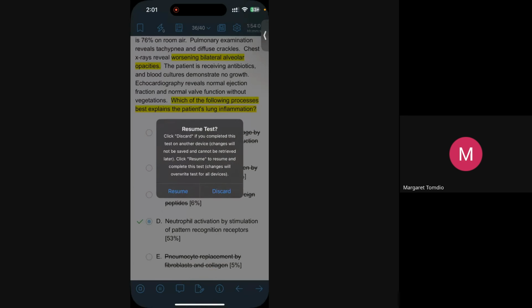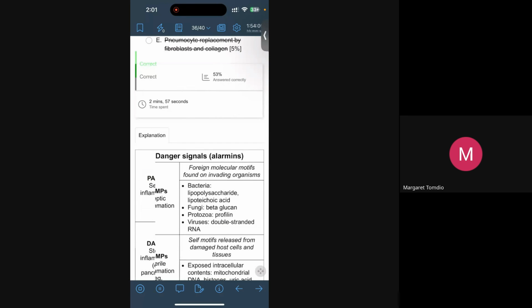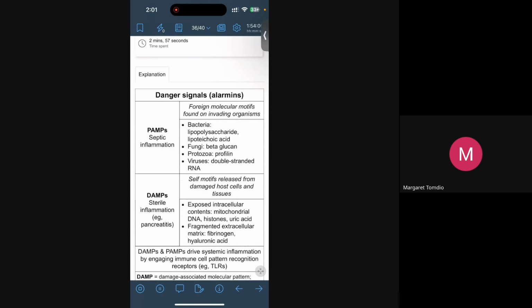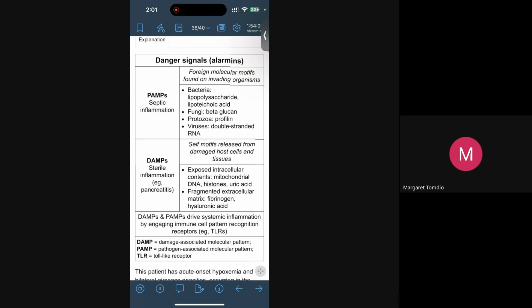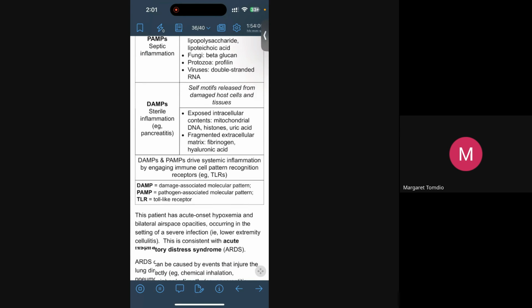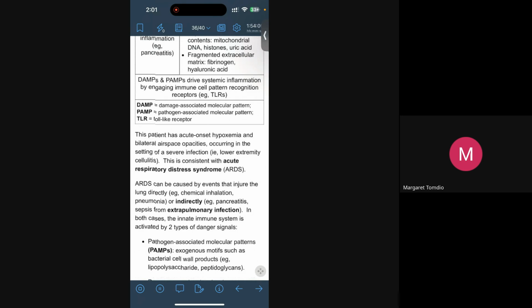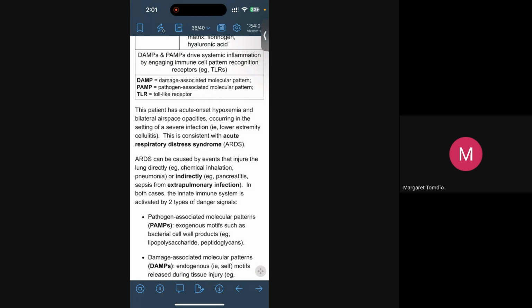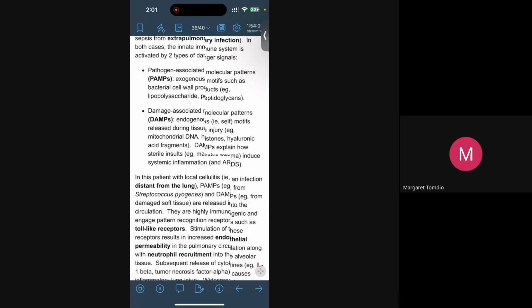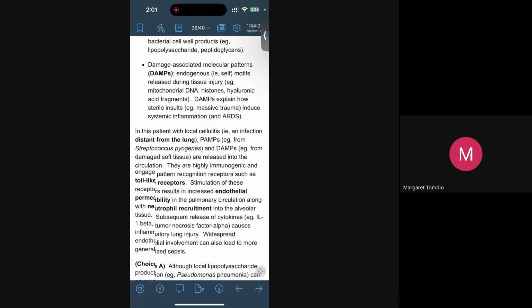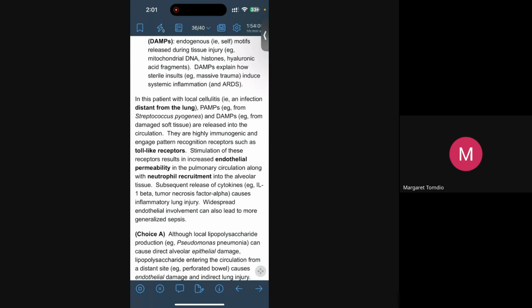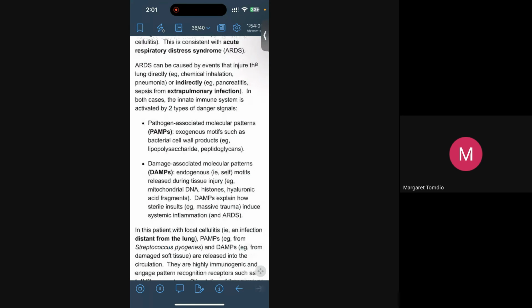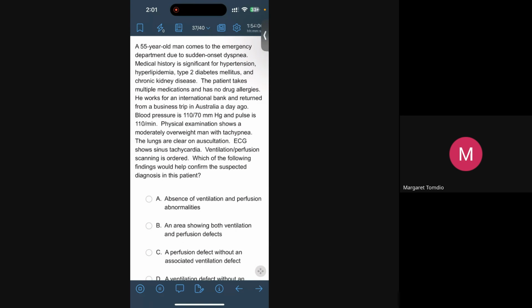In this, signals from the polysaccharides, PAMPs and DAMPs, endothelial permeability, is ARDS. This will help confirm the suspected diagnosis in this patient.